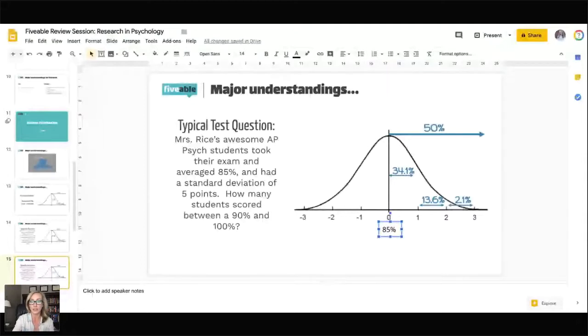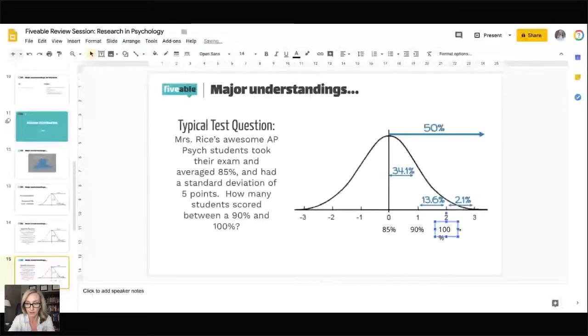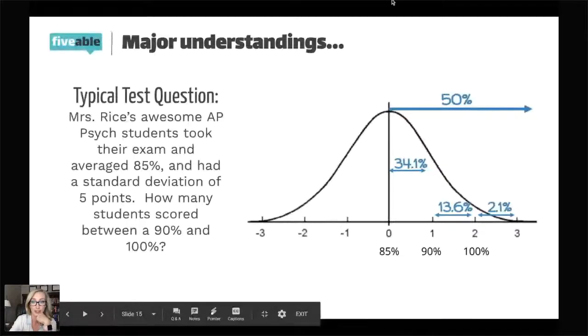Now, if I have a standard deviation of 5 points, that means that each one of these jumps equals 5 points. So I just add 5 for each jump. Okay? So on this line, it will be plus 5, right? And then on this line, it will be 100%.